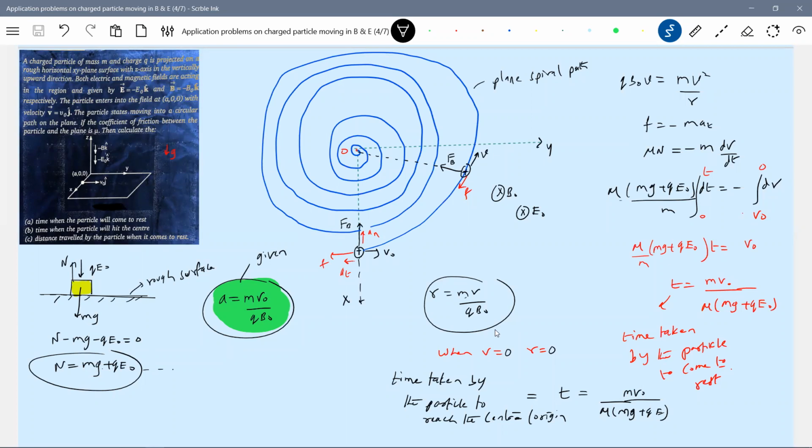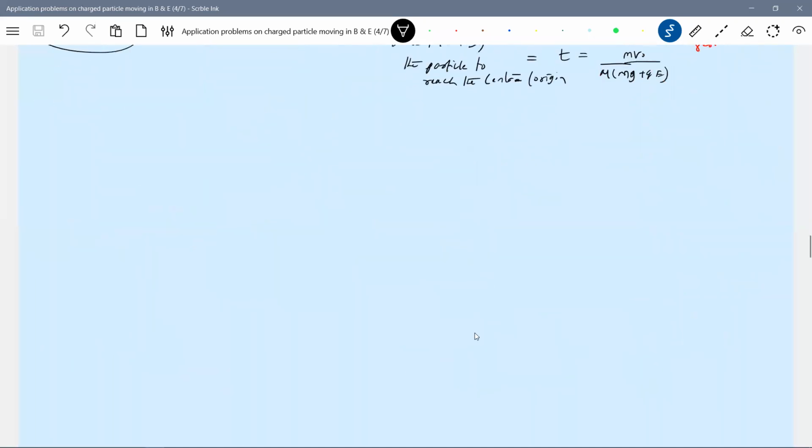Go back to kinematics, variable accelerated motion. Tell me what you do. v dv by ds. So for the retardation, the next part of the problem, we know F equal to minus m a tangential.